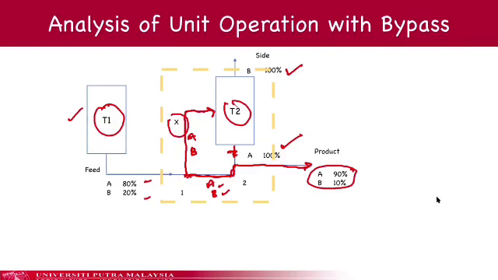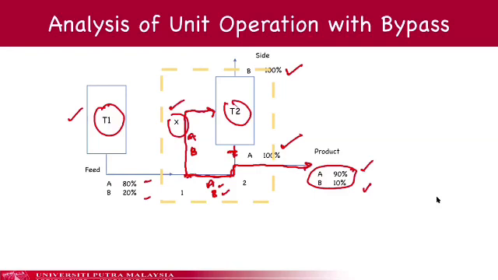Again, the product specification by our client is 90% and 10%. So we need to find the amount of X that is split and sent to tower 2.